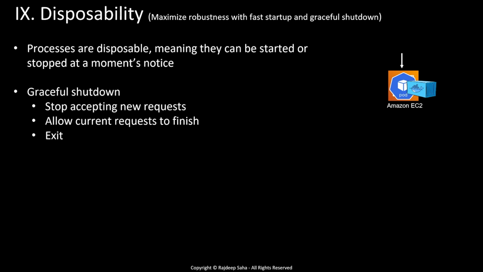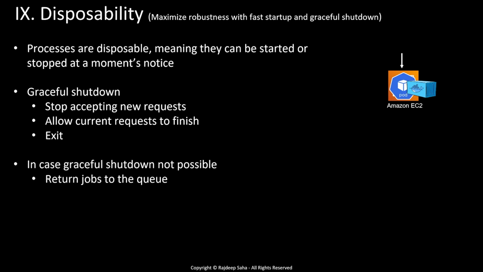Your process will receive a signal called SIGTERM, which means, hey, I'm going to kill your application in a certain time. So if you can trap this signal in your application code, you can stop accepting new requests, allow current requests to finish, and then exit the application.